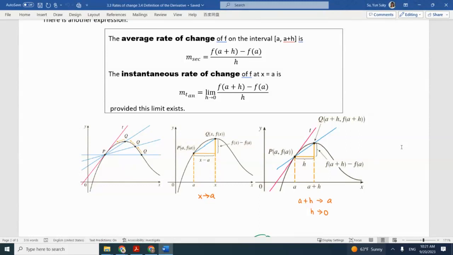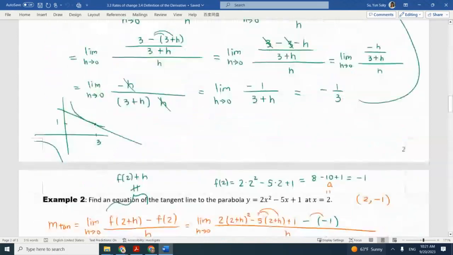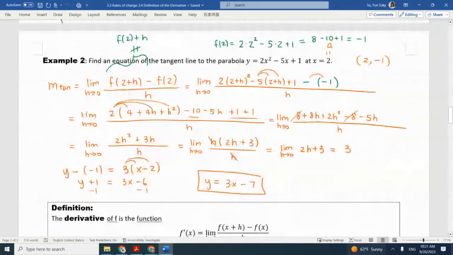And if your second point is called a plus h, then the formula will be f of a plus h minus f of a over h. The difference between them is now h. We agreed to stick with the second formula because you don't want to get confused. If there are so many methods in your mind, it's very easy to get confused. So let's stick with the second method. Then we did example 1 and example 2.